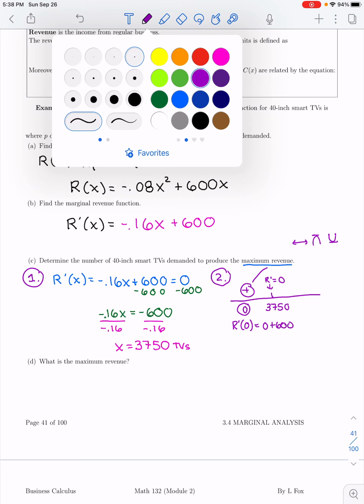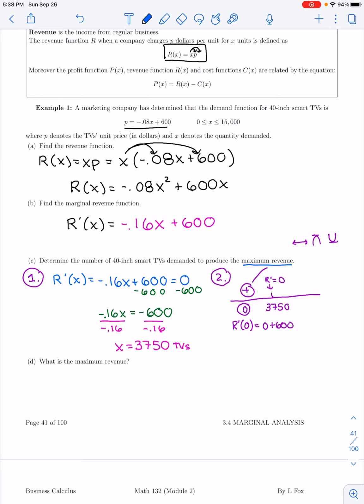After the critical number, we can plug in anything we want to. And we want to probably keep in mind that we're on this interval from 0 to 15,000. So I'm going to plug in something bigger than 3,750, but still on that interval that we're interested in. So maybe 4,000, and I might need to grab my calculator and do negative 0.16, that first part of the derivative, times 4,000 plus 600. When I plug it in, I'm getting negative 40.